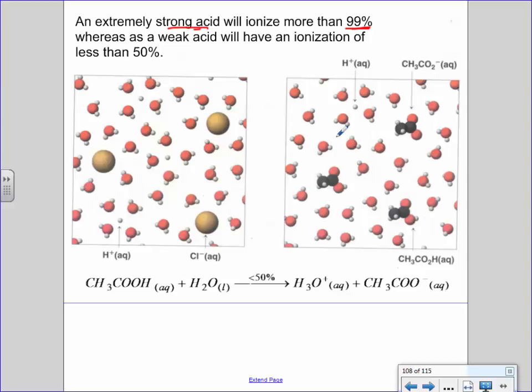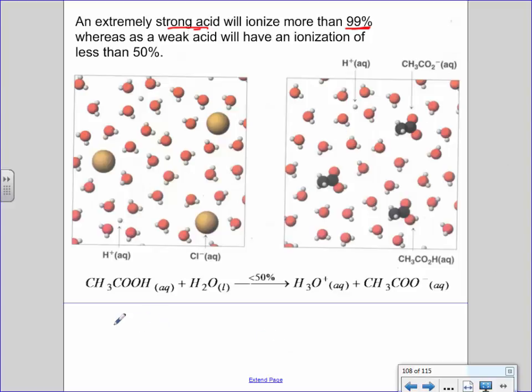Now, one thing I didn't mention here is the gray bar. You see the hydronium ion, which is the gray bar there? That's actually very purposeful. These top 6 would basically 100% of the time turn into hydronium. If I were to give you an example, I'll go back a slide.